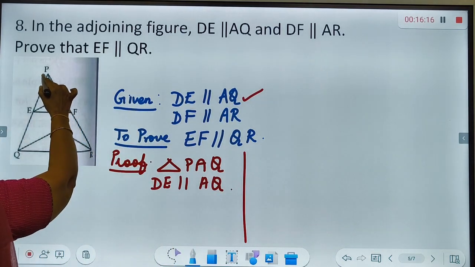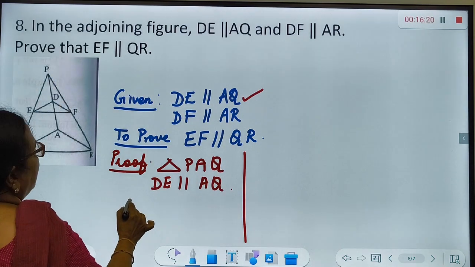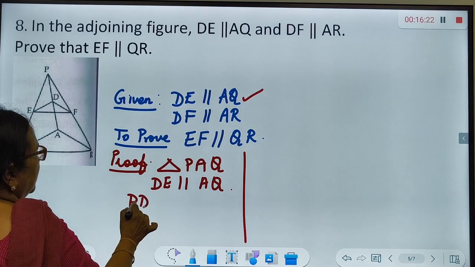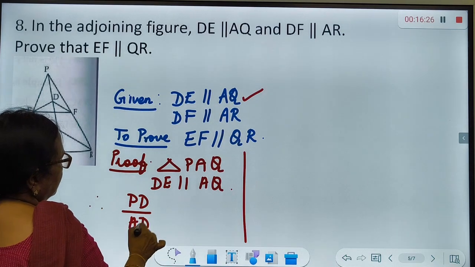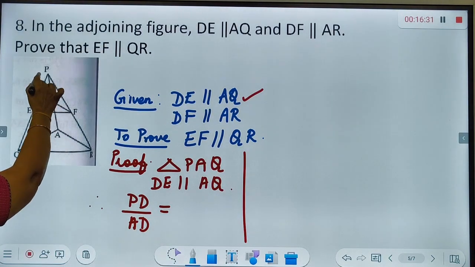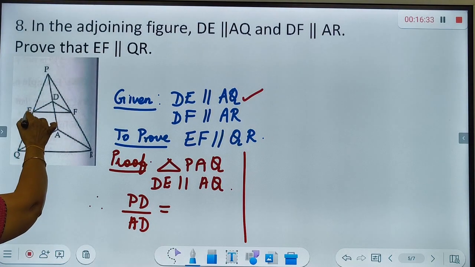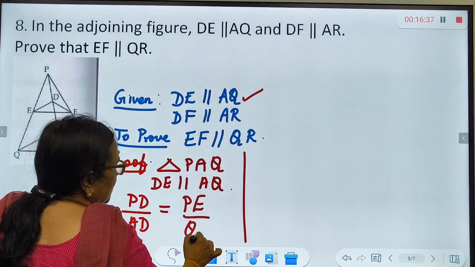So what will you get? PD by AD is equal to PE by QE.